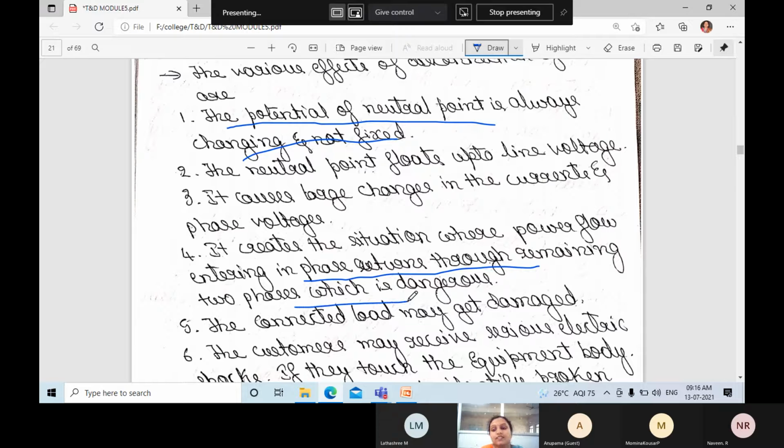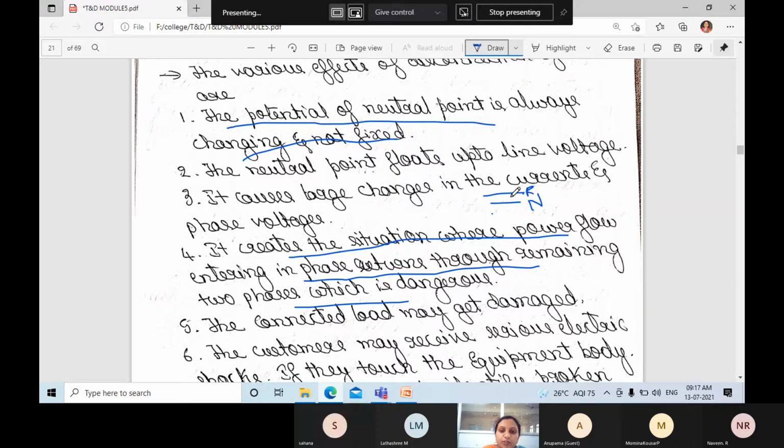What happens here, for example, this is R and this is N. If there is a disconnection, then it creates the situation where power flow entering in a phase returns to the remaining two phases.